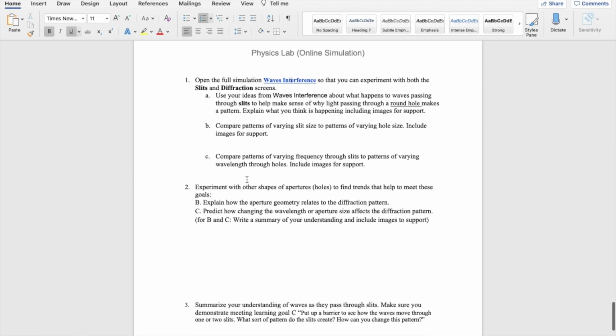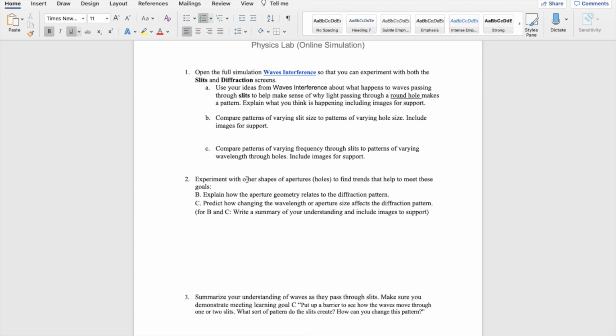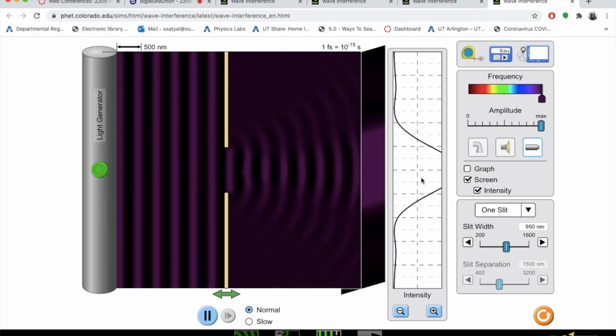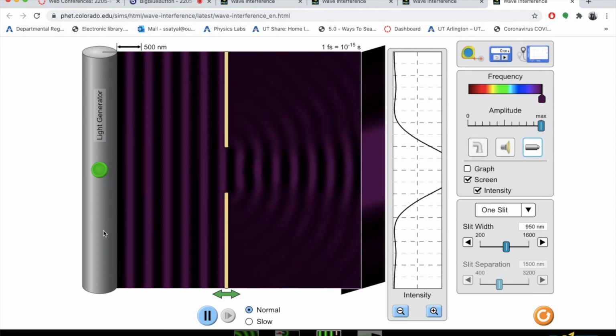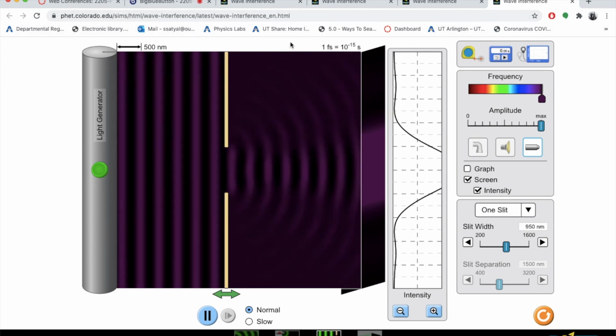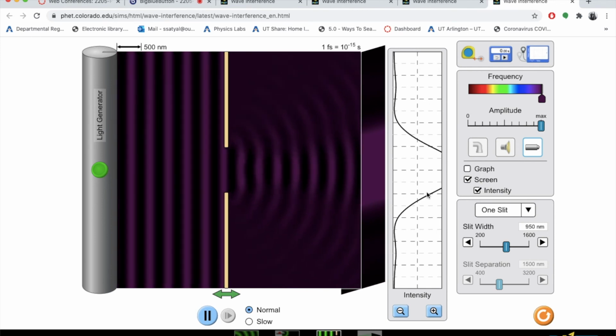Again, use all these for each question, wherever it says so, most of the time. Include images for support, because every time you do a different set of experiments to support your reasoning, please include this screenshot here.